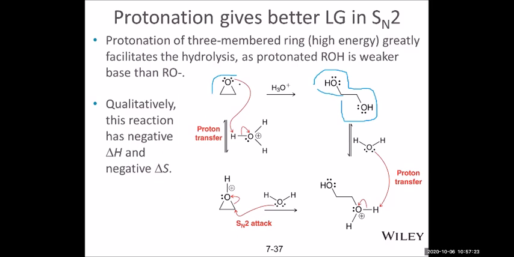So it is exothermic, and the entropy actually decreases, mainly because of the water. These two are the reactants. After the reaction, the two reactant molecules combine together to become only one molecule. It's a combination reaction. That's why I have a negative entropy change.